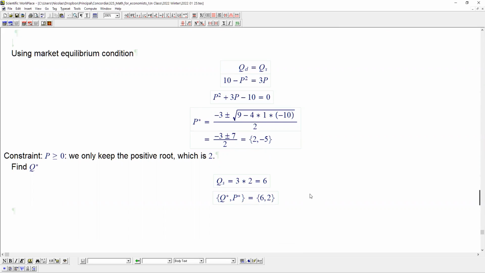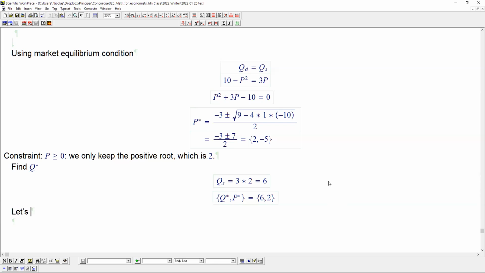So if the graph looks very silly, then we know we have made the mistake somewhere.